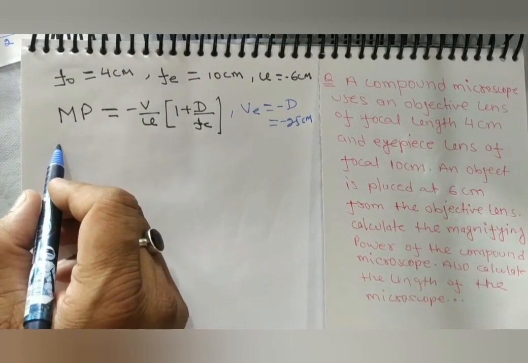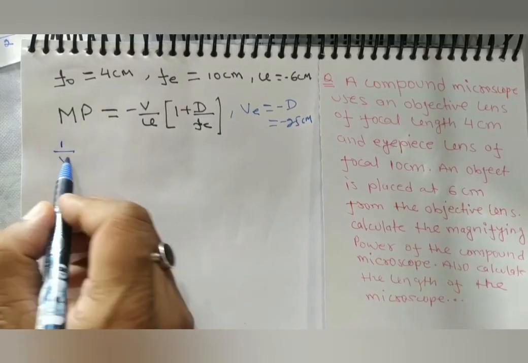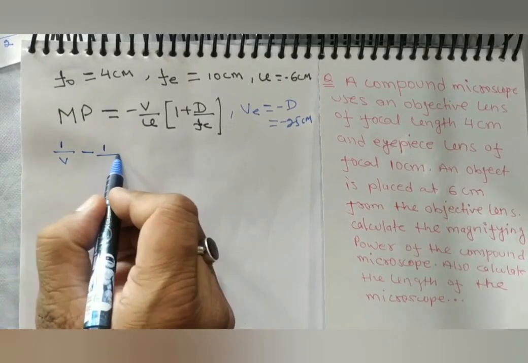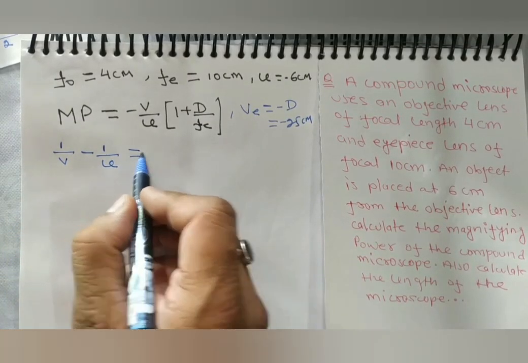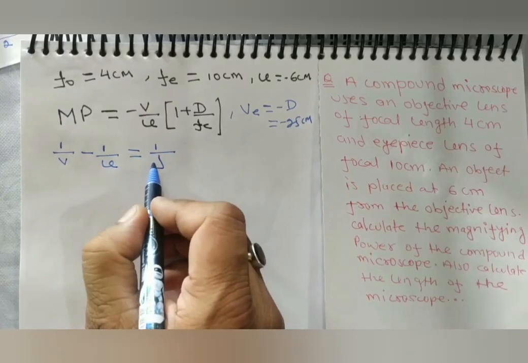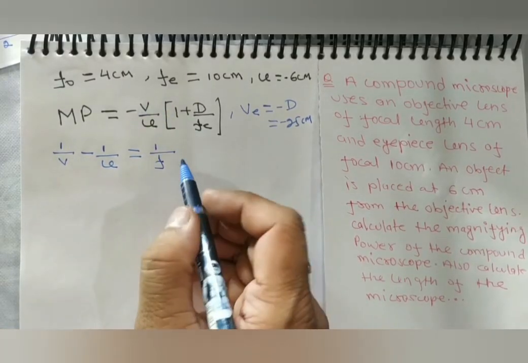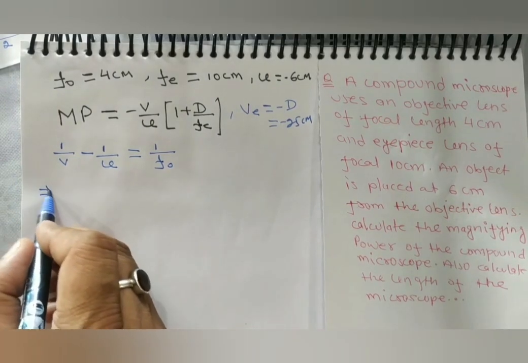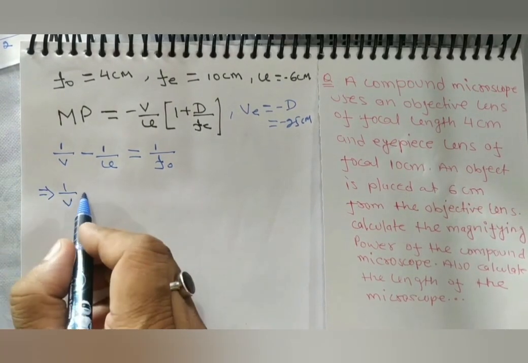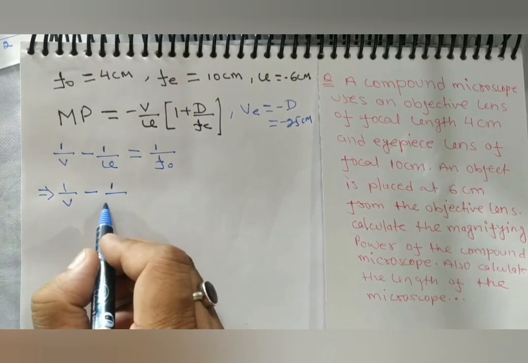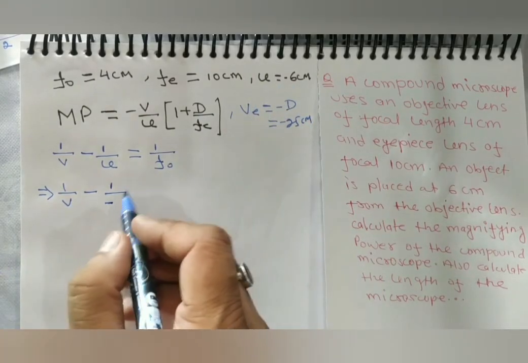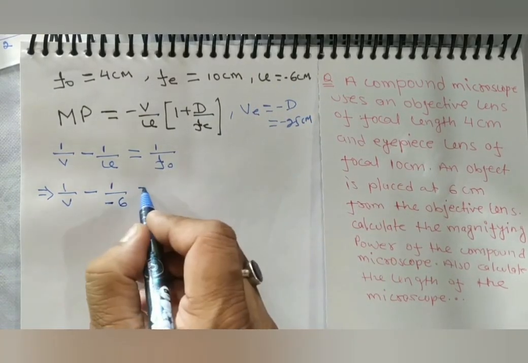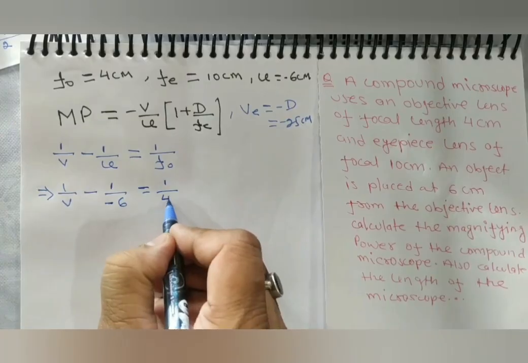We have the lens formula 1 upon V minus 1 upon U equal to 1 upon F. Here we are calculating for the objective lens, so it will be F naught. Put the value: 1 upon V minus 1 upon U is 6, so it will be minus 6, and 1 upon 4.